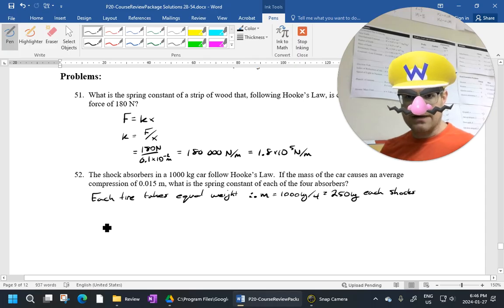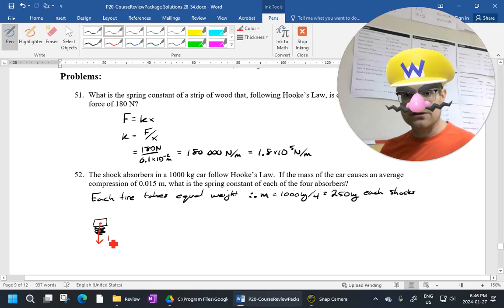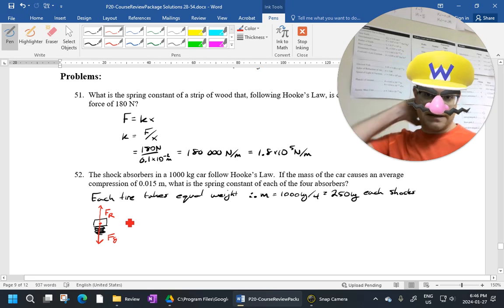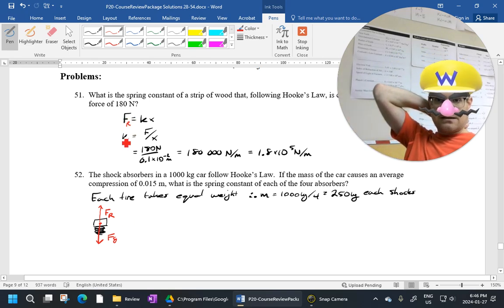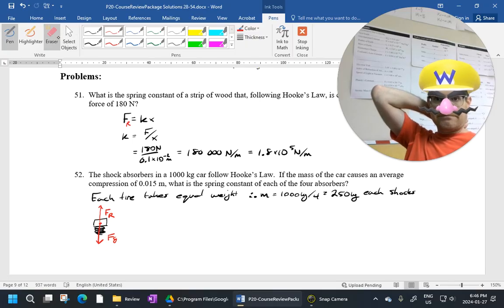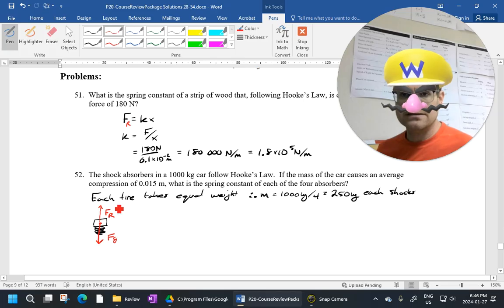So in my picture here, we've got the mass of the car on top of these absorbers. So we have a force pushing down. That's going to be gravity. And then we have this restoring force pushing back up. That's part of Hooke's law. So that's a restoring force, or the spring force, sorry. So we need to figure out what that Fr is. Fr is the force pushing back up.